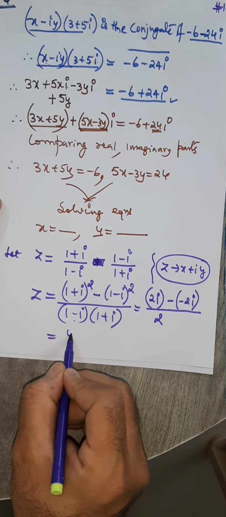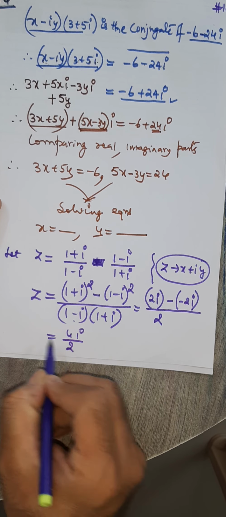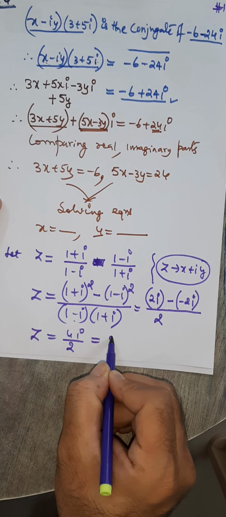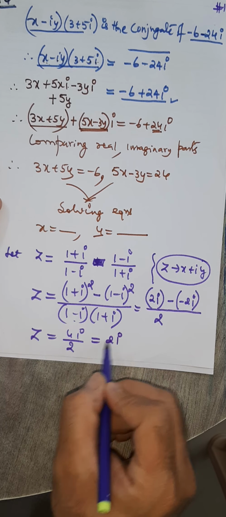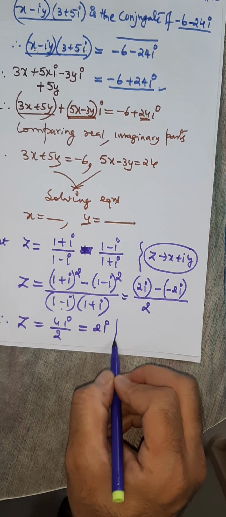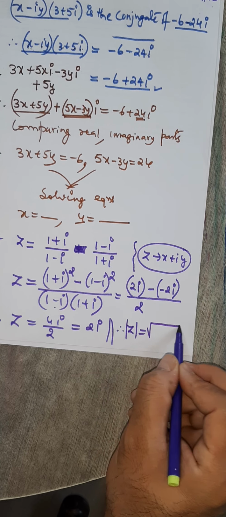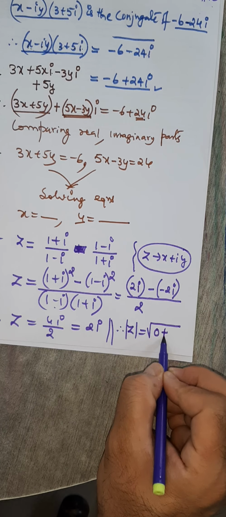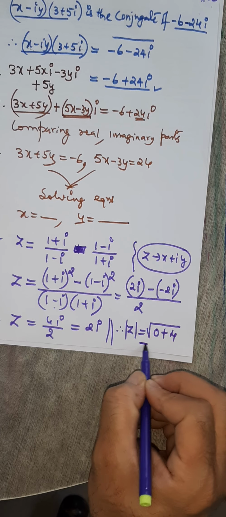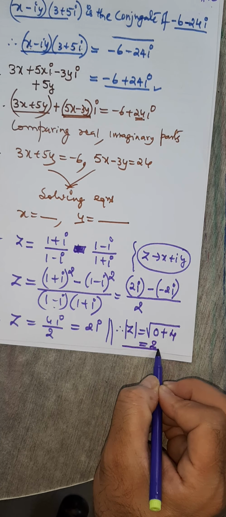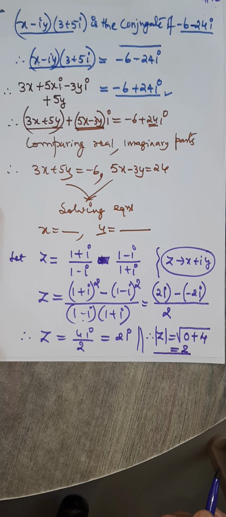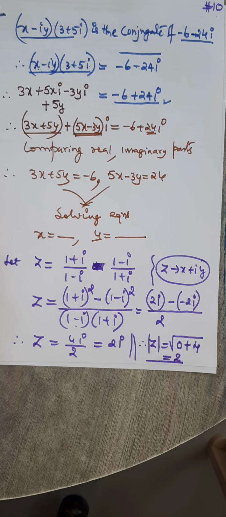So finally we are getting 4 iota by 2. So z equals to just 2 iota, and therefore modulus z equals to root of real part square, which is 0, plus imaginary part square, which is 4. So you will get 2. So magnitude of the complex number is here 2.